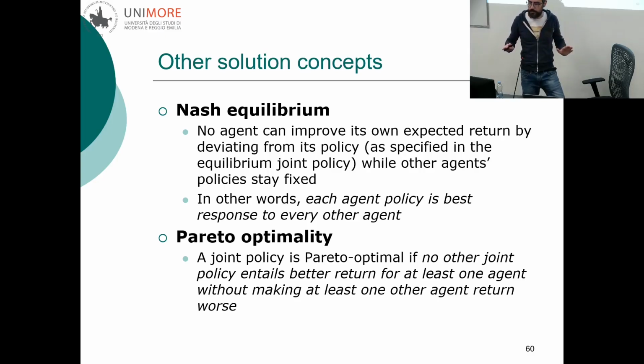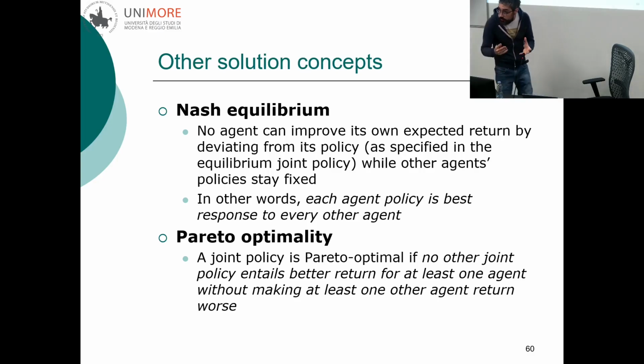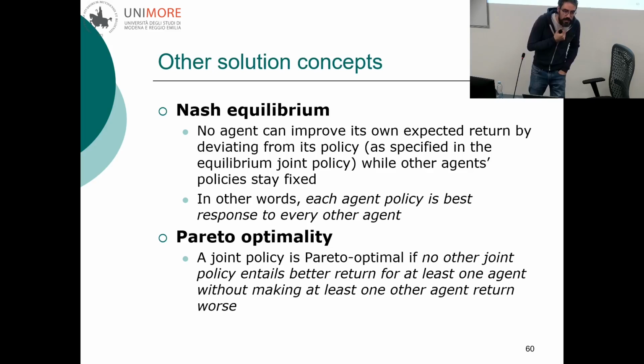That's it. A corollary to this definition is, in other words, if a joint policy is the Nash equilibrium, every agent is playing best response against every other agent. That's a corollary. If I cannot get a better return without changing your policy, it means that we are all playing best response.